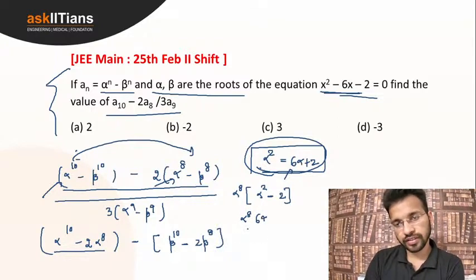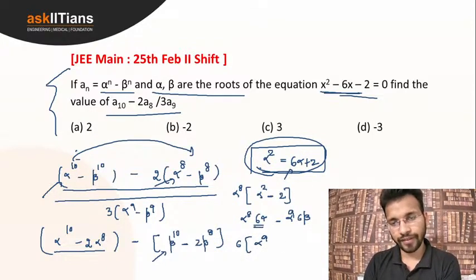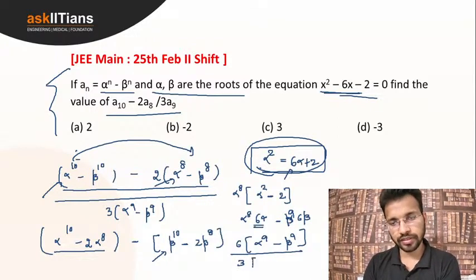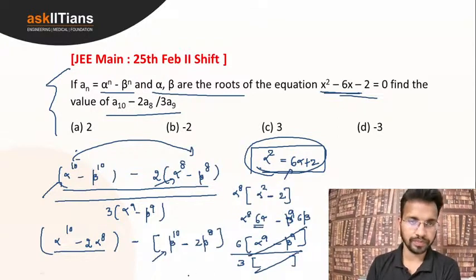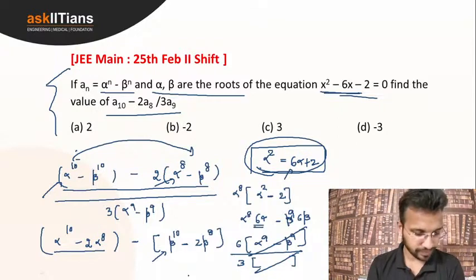So this alpha raised to power 8 goes with 6 alpha. Same way this will go with 6 beta. So 6 you can take out. Alpha raised to power 9 minus beta raised to power 9. And 3 times the same expression is given in the denominator. So do you guys see how easy this is?